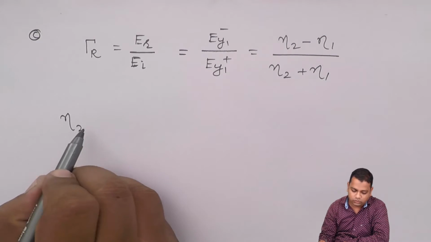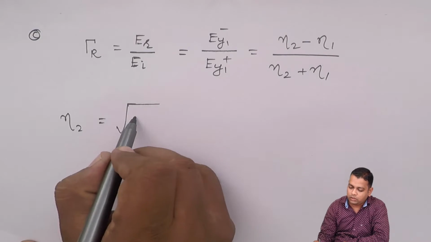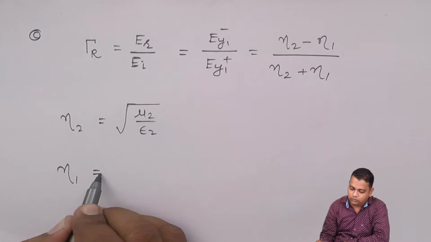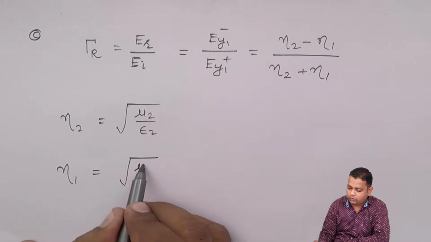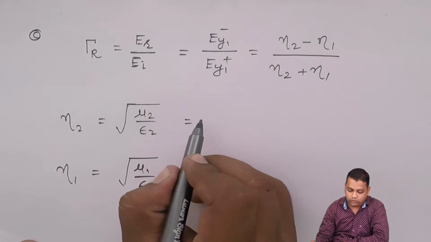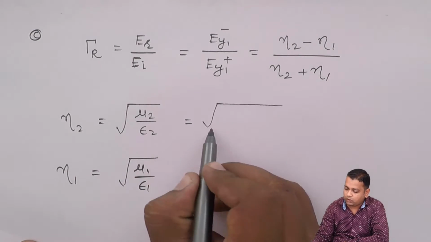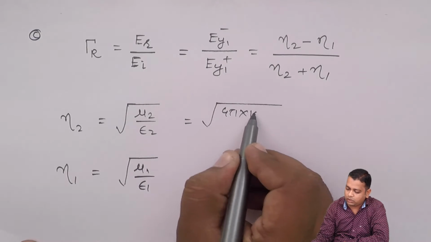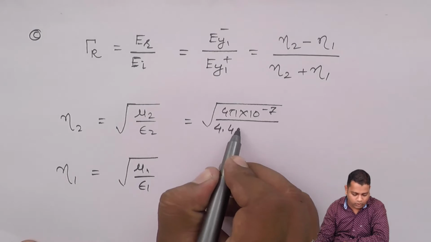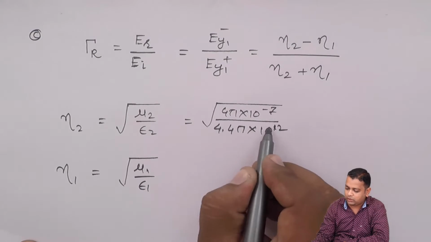For determination, eta 2 is the square root of mu 2 divided by epsilon 2, and eta 1 is the square root of mu 1 divided by epsilon 1. Substituting the values, for eta 2 we get the square root of 4 pi into 10 raised to the power minus 7 divided by 4.4 pi into 10 raised to the power minus 12.